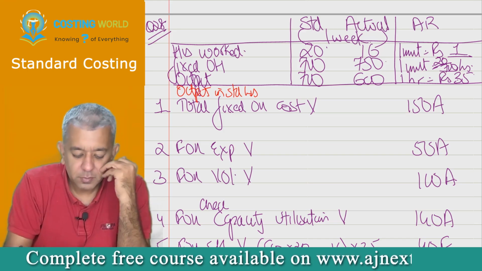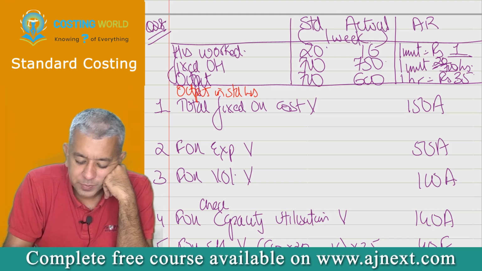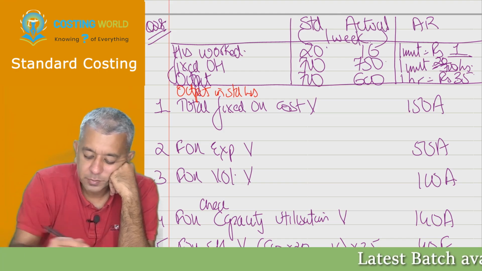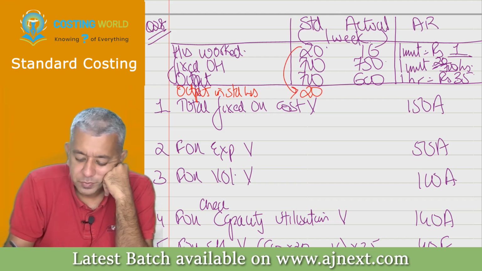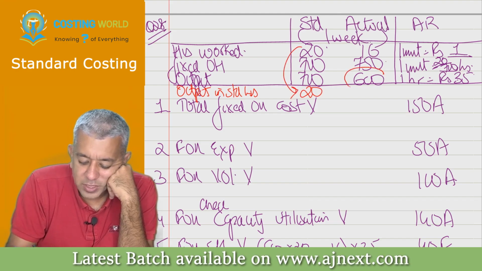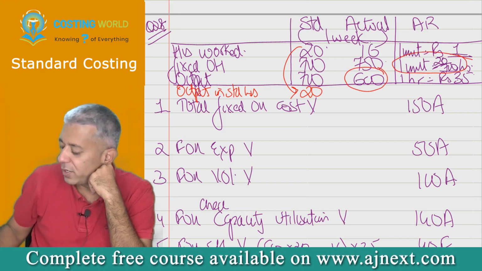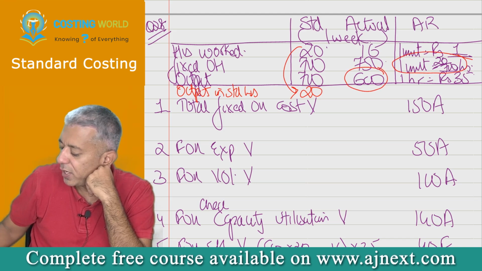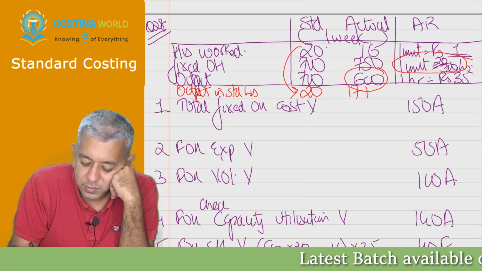Tell me the first number. 20. This data only comes over here. But now, producing 600 units was the job of, please do 600 into 20 divided by 700. 17.14 hours.